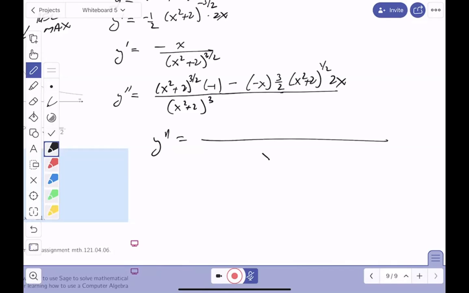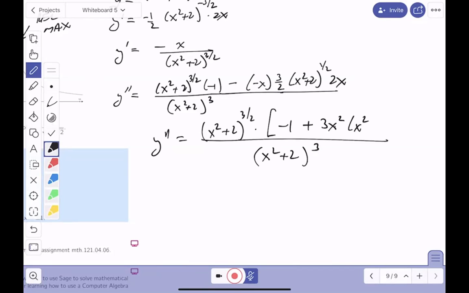I'm going to factor out x squared plus 2 to the 3/2. What do you get? Minus 1. Let's see, plus, it's always tough for me, 3x squared. And then it's going to be x squared plus 2. Oh, no, x squared plus 2.